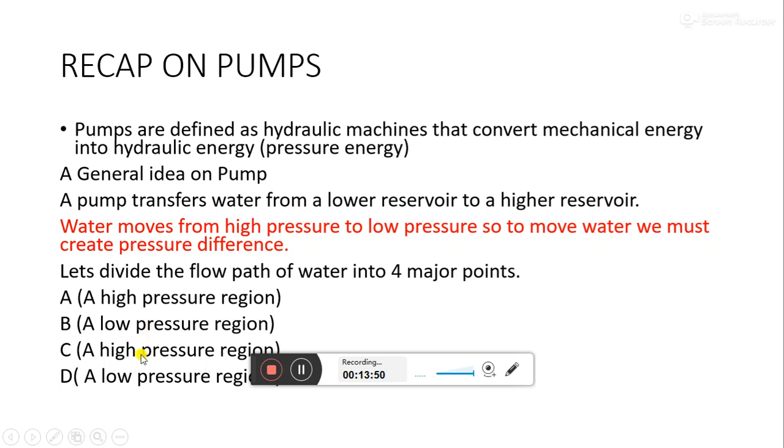Then to move from B to D, we need to create again a high pressure point, which is C, and from C it will move to a low pressure point D. So high pressure to low pressure it has moved, then again high pressure to low pressure. This has to be created by a pump.